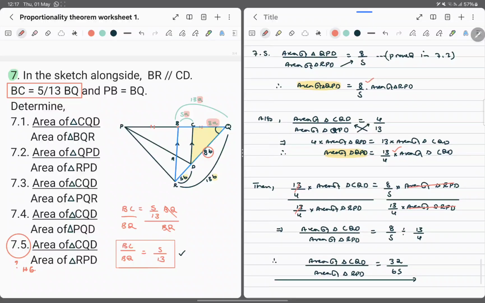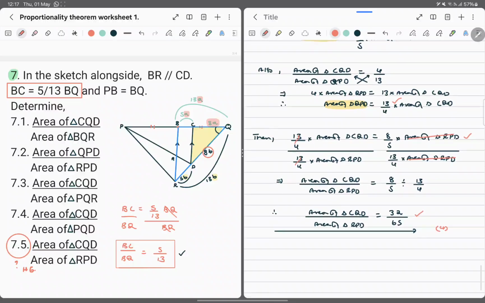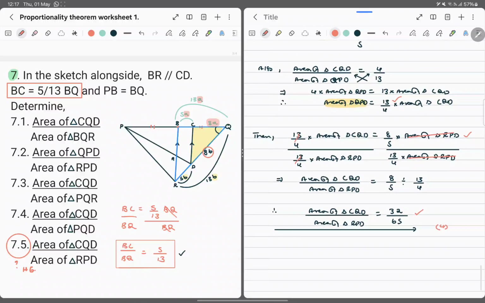Technically, equating these two is nice, and the rest, guys, is your own work. So this is 1, 2, 3, 4 marks. Of course, there are many ways of killing this cat. It's not very difficult, but it's a challenging question that requires some strategy.